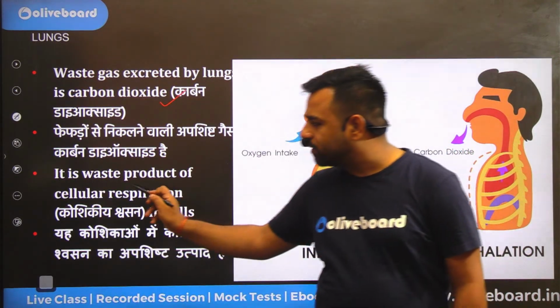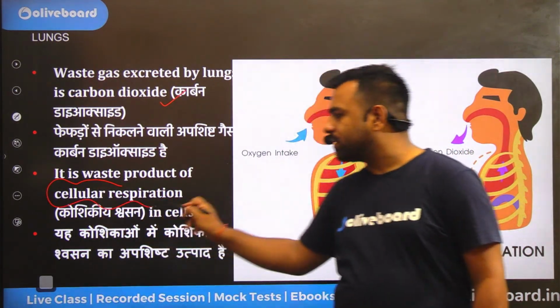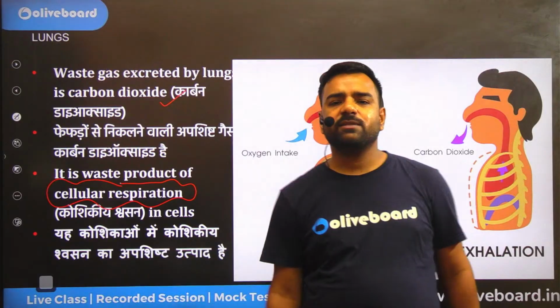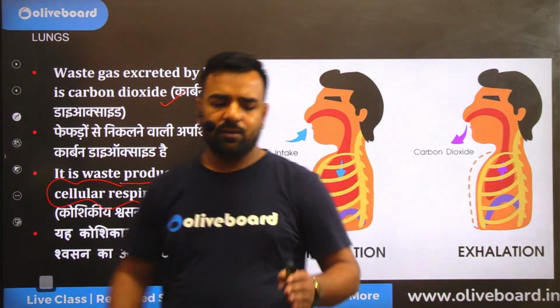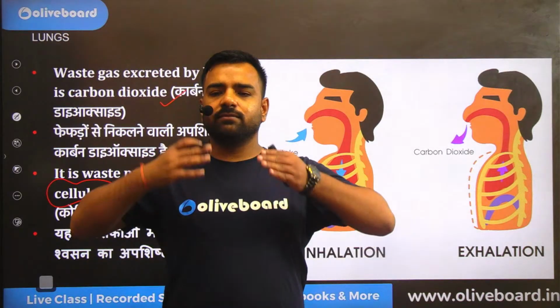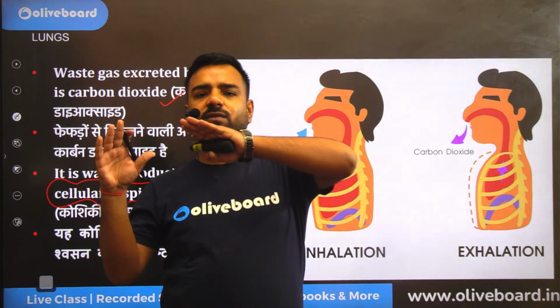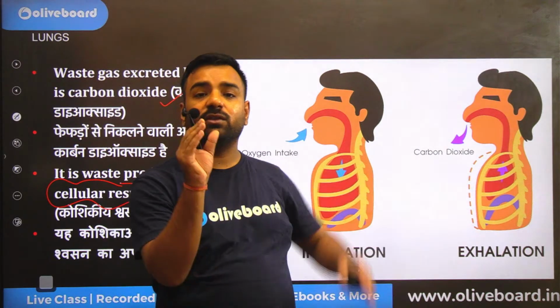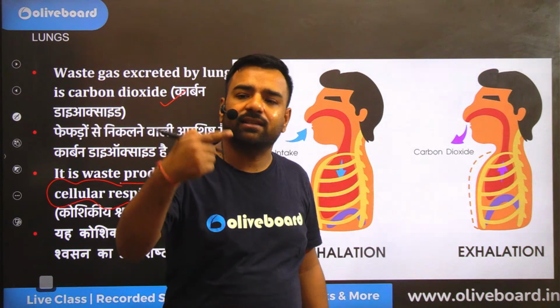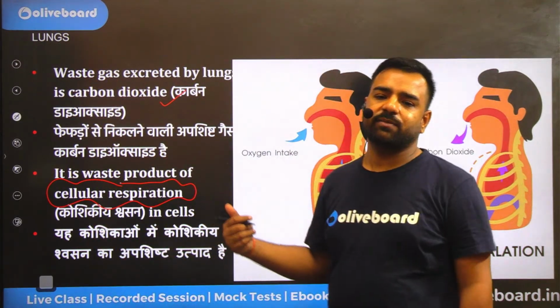It is the waste product of cellular respiration. Now what is cellular respiration? The respiration process which we were discussing in the past class. Whenever we breathe in, the oxygen is taken to the mitochondria where glucose breakdown takes place. That part is taking place where? In the cell. That's what is mentioned as cellular respiration.